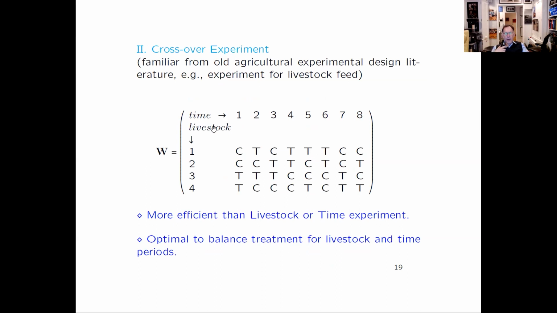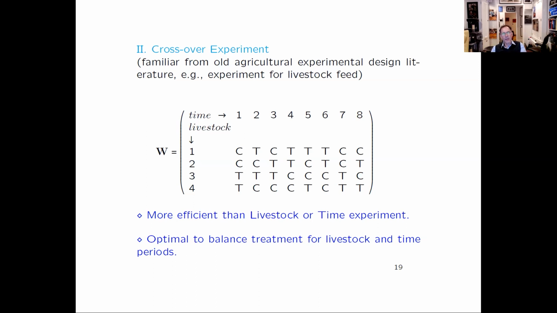Because in that type of experiment, the concern often would be that there would be some spillovers over time. If we feed an animal a particular type of feed, we can't switch them the next hour to a different feed, because there might be some time before that feed is out of their system.